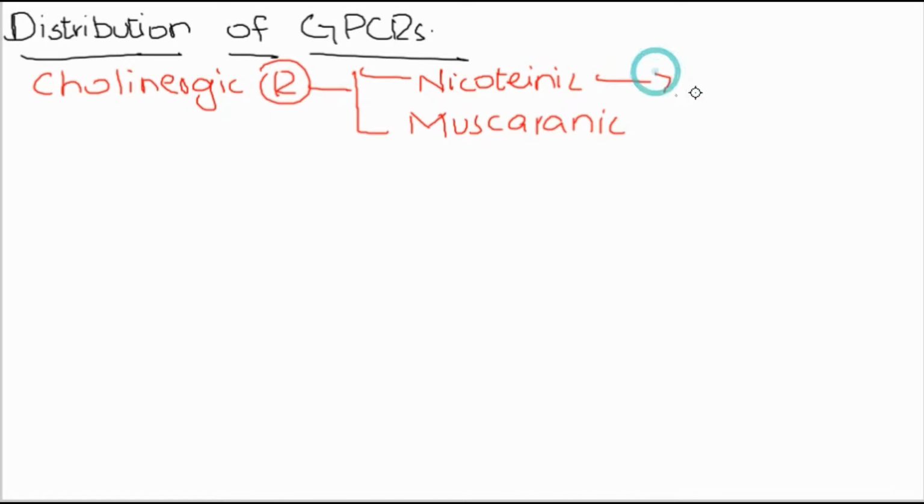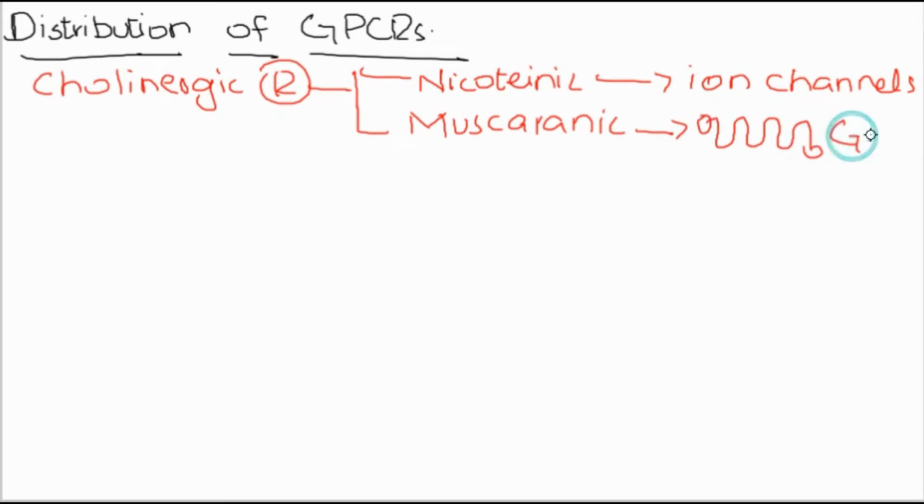The nicotinic receptors are basically the ion channels, while the muscarinic receptors are basically G protein coupled receptors. They are GPCRs. So the nicotinic receptors are ion channels, while muscarinic receptors are G protein coupled receptors.